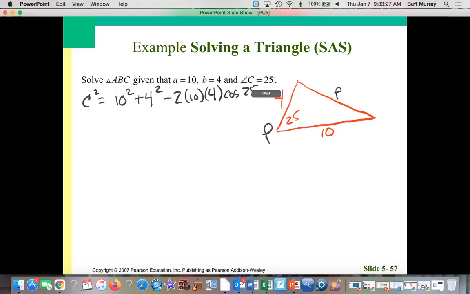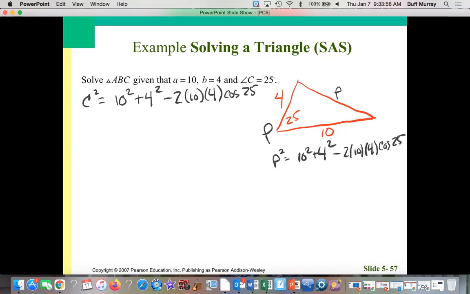Now, the way I'm going to write it, p squared equals a squared plus b squared minus 2 times 10 times 4 cosine 25. So is it really any different? No. It's just that for me, I remember one formula rather than 3. Does that make sense? It's just a matter of the letters you're going to use.